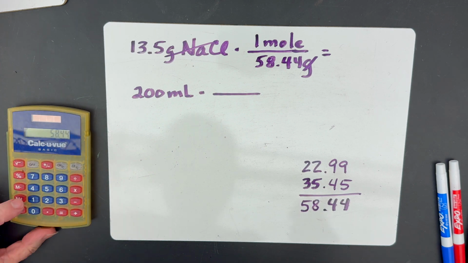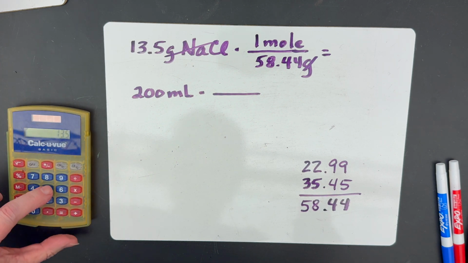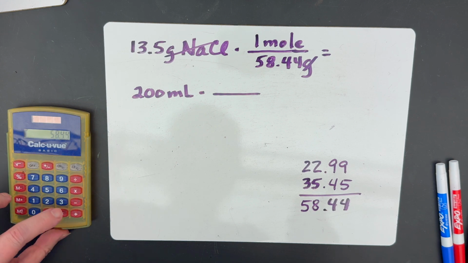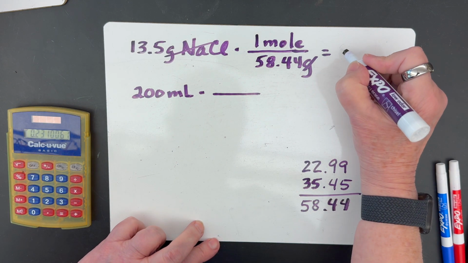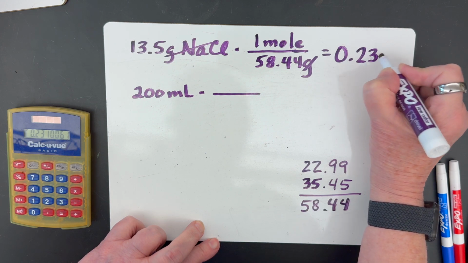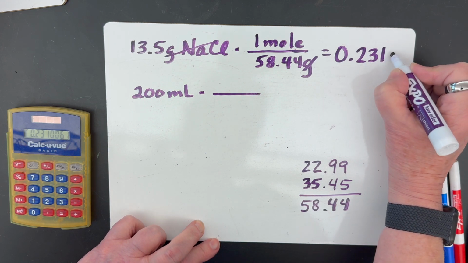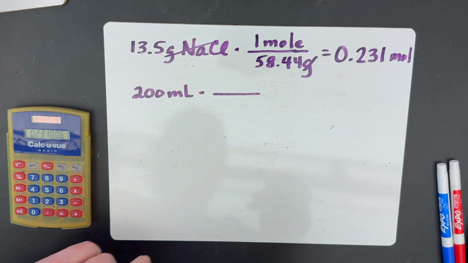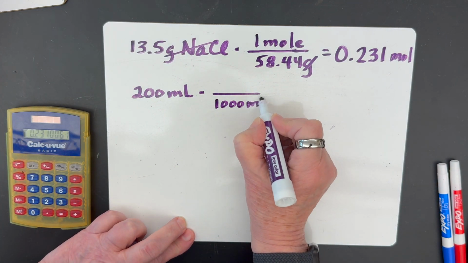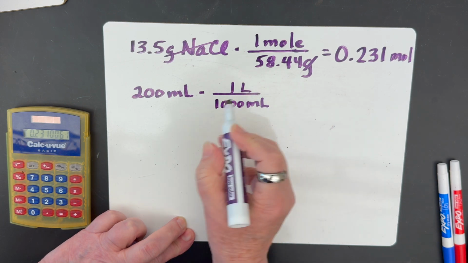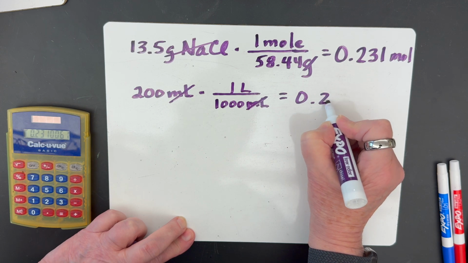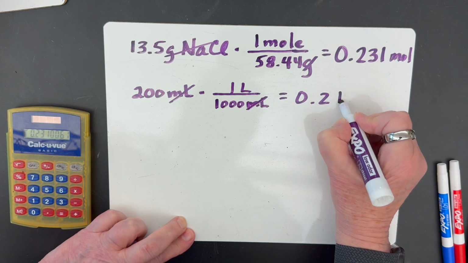So we are going to have 13.5 divided by 58.44, and this will give us our moles of NaCl, 0.231 moles. For milliliters to liters, there's 1,000 milliliters in 1 liter, so milliliters cancels and we get 0.2 liters.